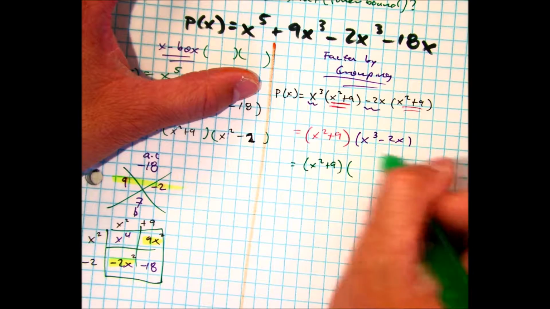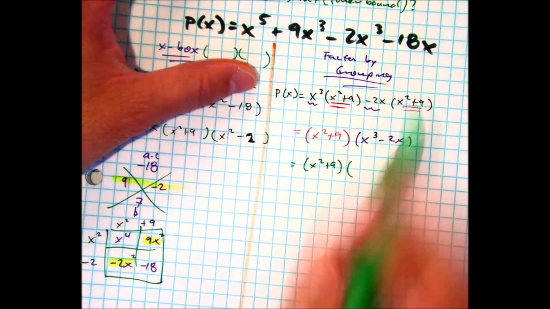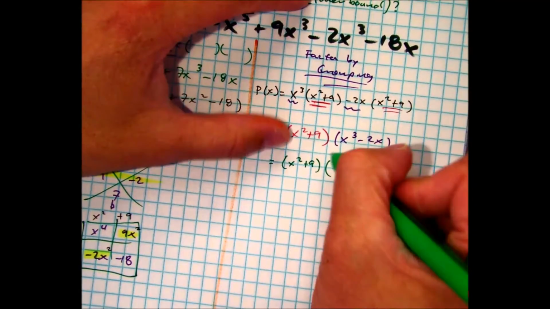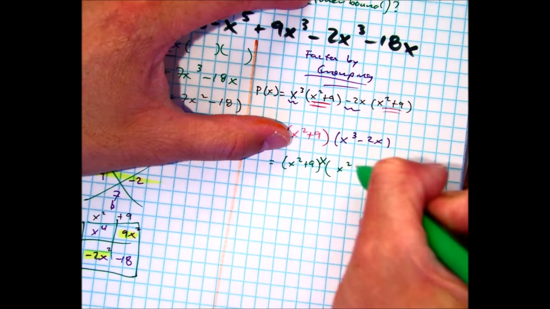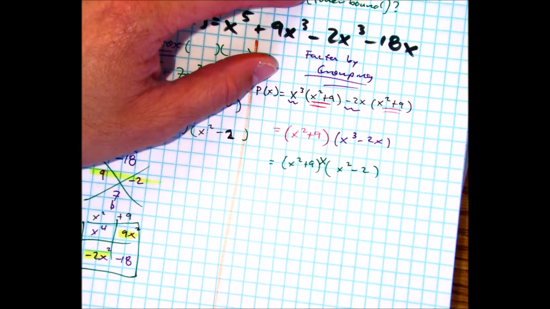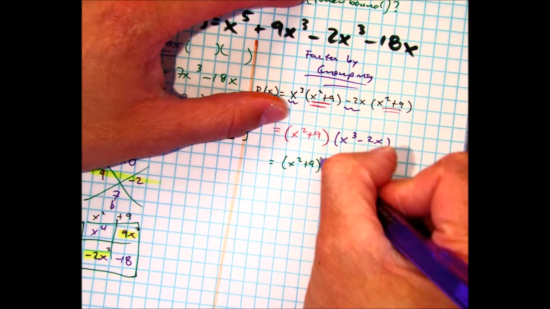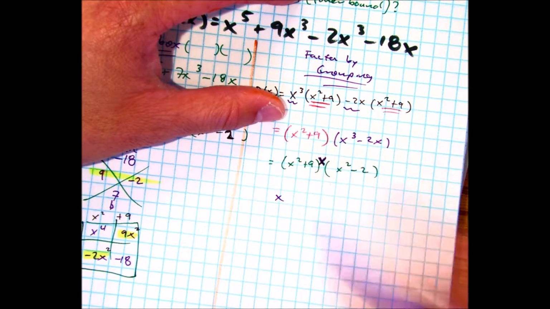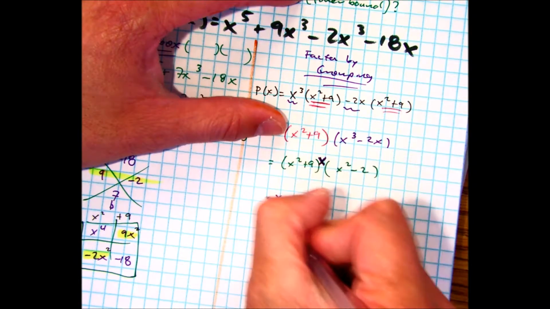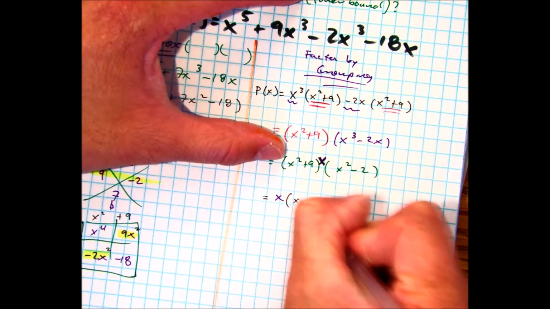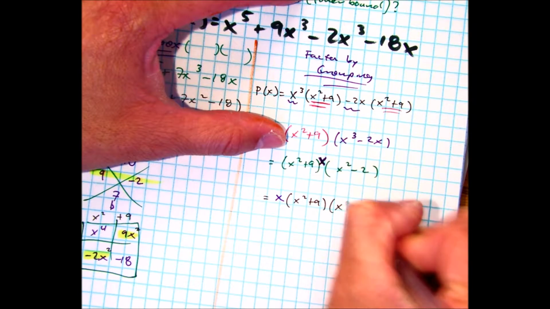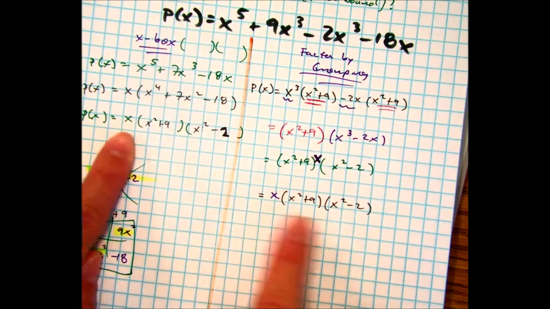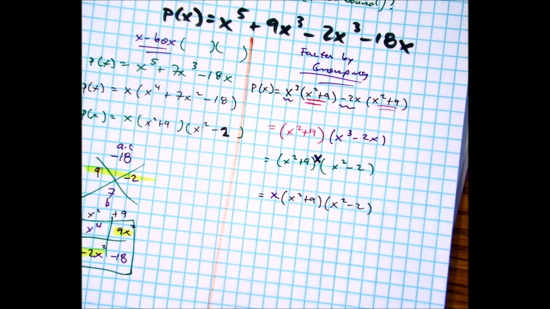Do you see that? Okay, so watch. So let's just say you didn't take out the greatest common factor like over here first. So you have an x, and now I'm left with x squared minus 2. I don't want to lose this x. So this x right here, in math we like to write that in the very front as our leading coefficient. X times x squared plus 9, x squared minus 2. Is that the same thing? Yeah. Alright, let's finish the problem now.